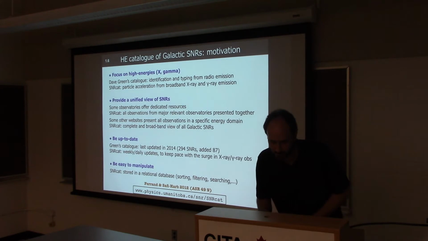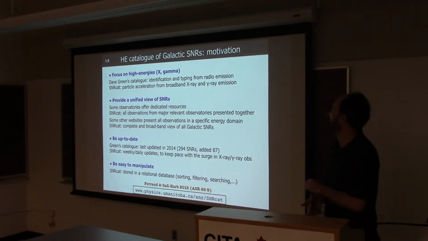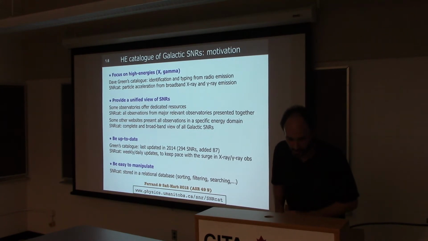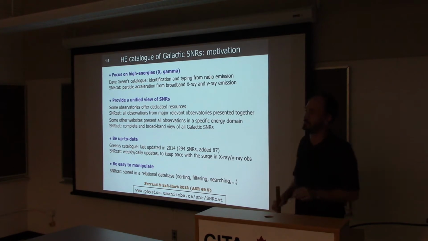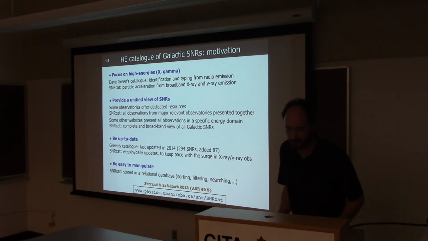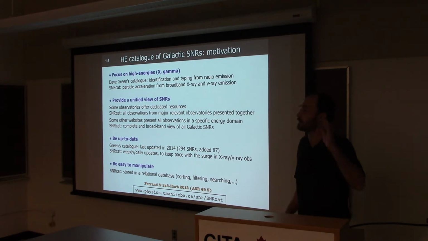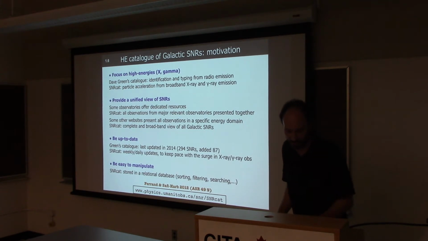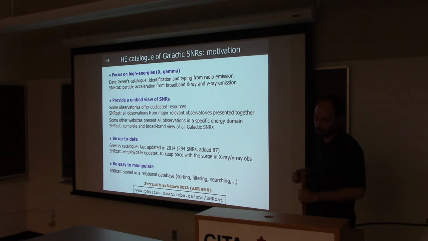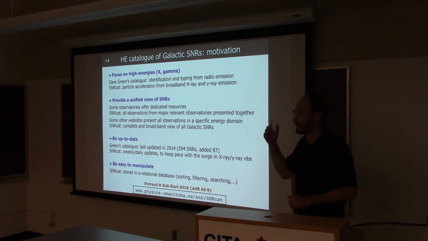So I don't have time to go into details maybe, but I wanted to briefly introduce the catalog that I did and that we put online with Samar Safi-Harb at the University of Manitoba. There's already a list of remnants as seen in the radio.